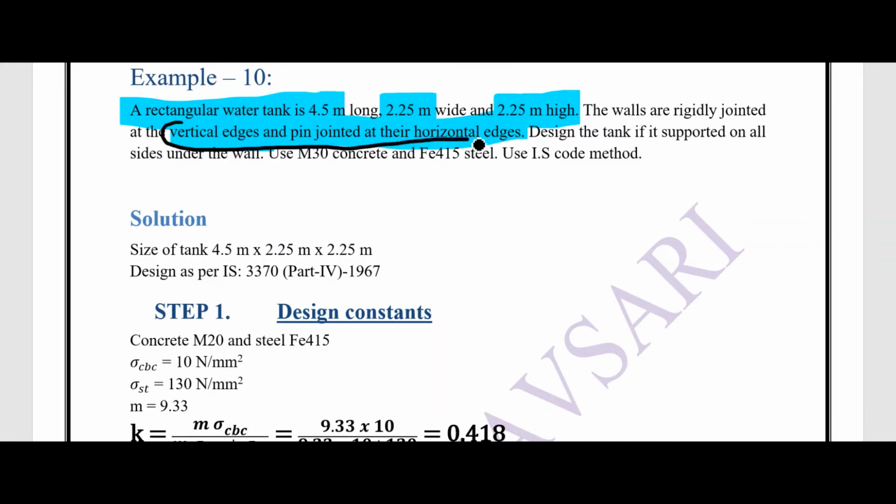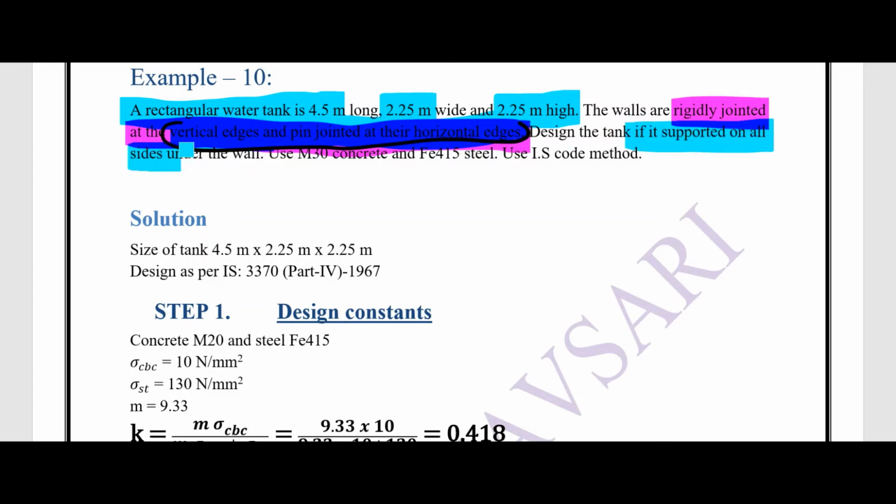Now design the tank if it is supported on all sides under the wall. Use M30 concrete and Fe415 grade of steel and use the IS code method.